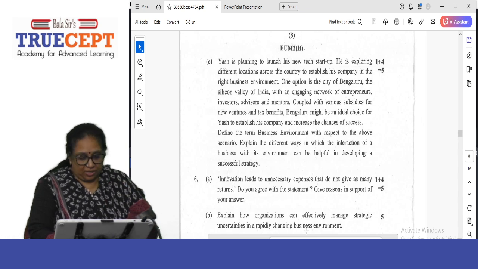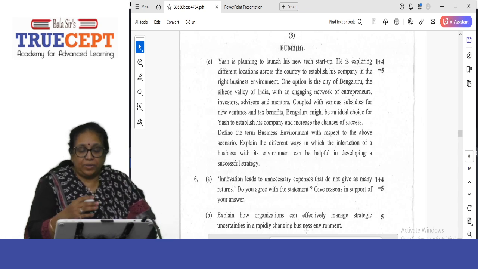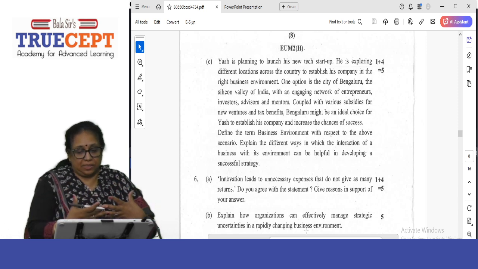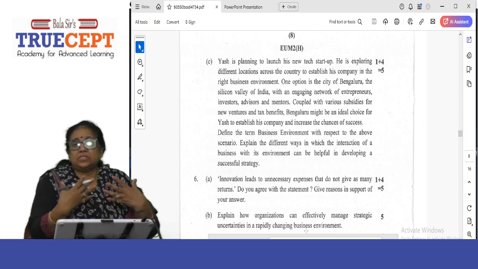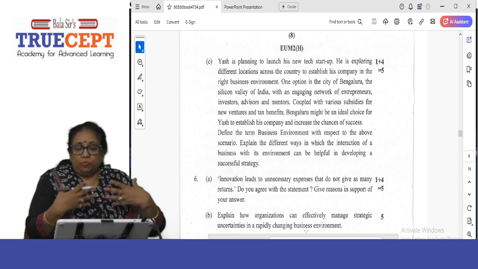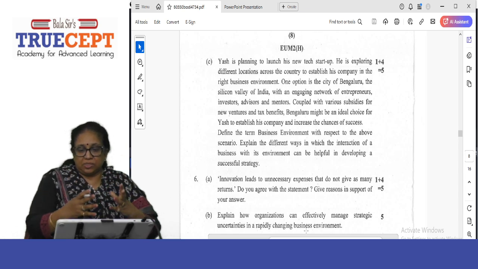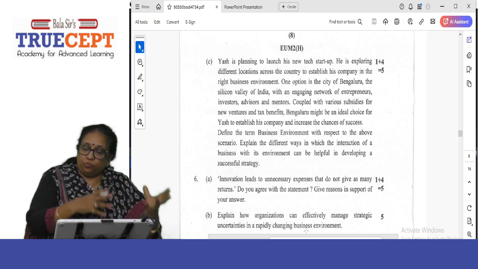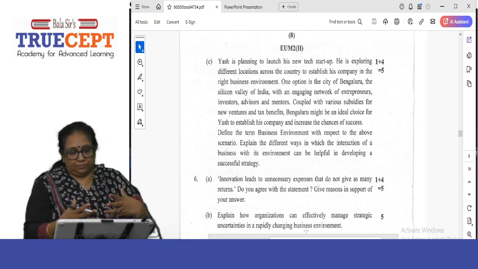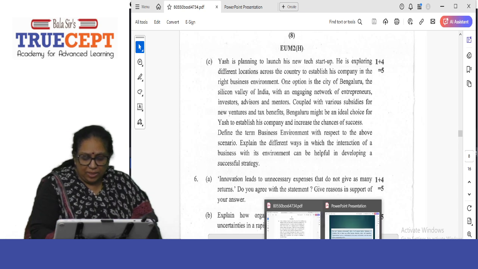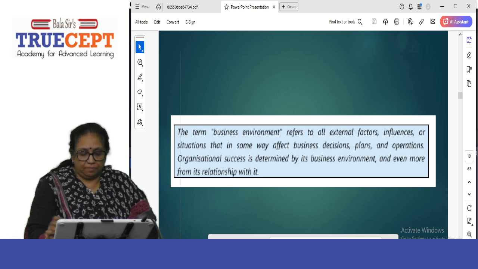successful strategy. So here, whenever it's a case study, whenever you start your answer, it should be aligned with this question. So let us see here.